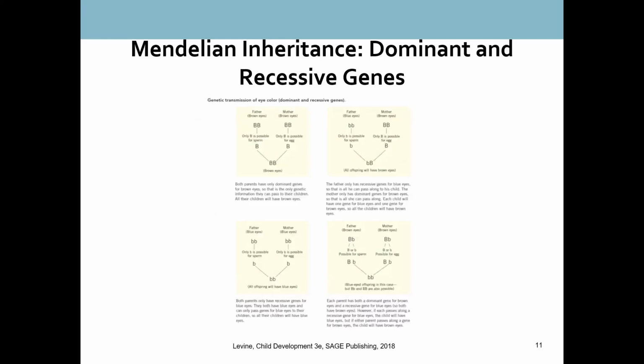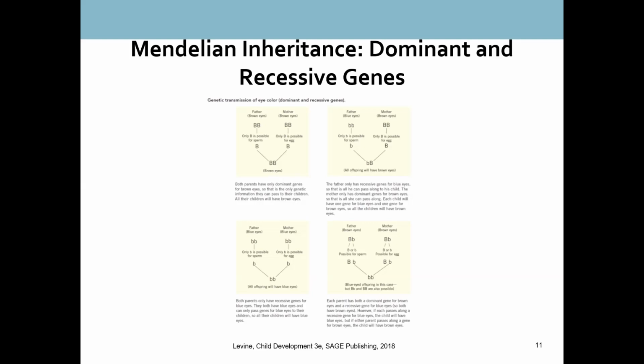So let's take a look at an example here involving eye color. Those big B's, I know this is really hard to see, I know it's in your book though. Those big B's stand for brown eyes. They're capital B's because it is a dominant characteristic. The small b's stand for blue eyes, blue-eyed genes. They're a recessive characteristic. And they're just showing various examples here.